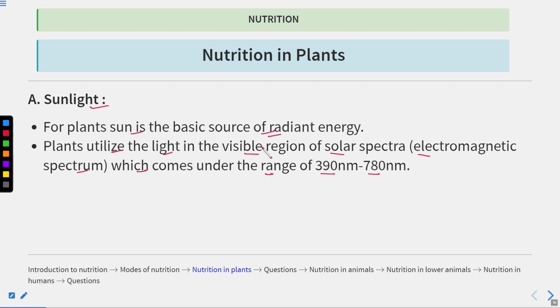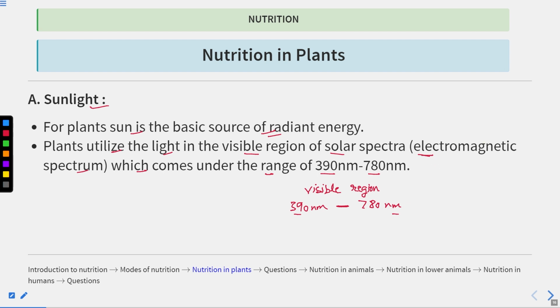This means that plants can photosynthesize, or absorb light, in the visible region, from 390 nanometer to 780 nanometer.